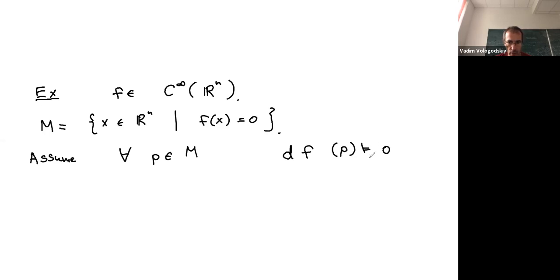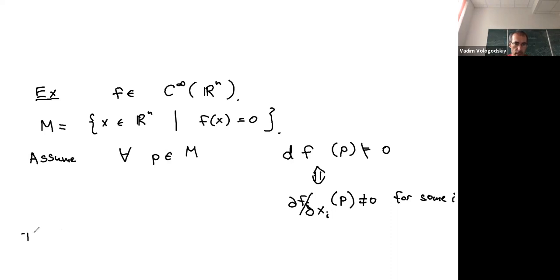So by definition, currently you know what the differential of a function on Rn is, but that simply means that df over partial derivative dfi at point P is not equal to 0 for some i, right?